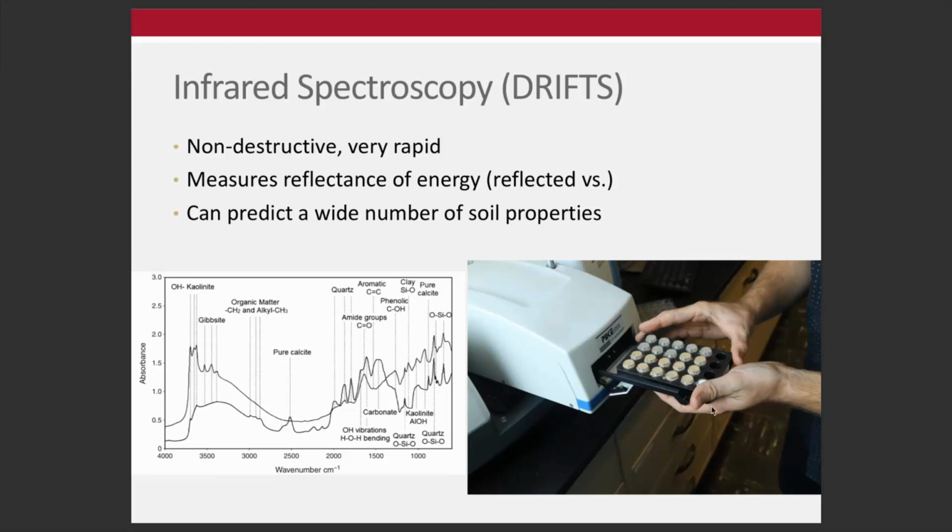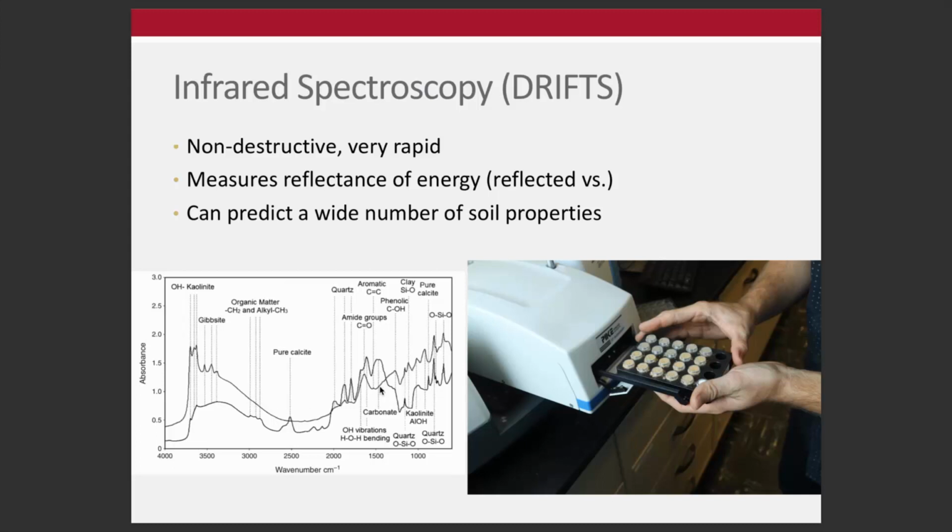We've got an auto sampler, so we load a plate up, we put it in, and it reads each one of these wells. The way it works is it shoots energy, and then it measures what's reflected and what's absorbed from that soil, and you get essentially a spectra off that soil.